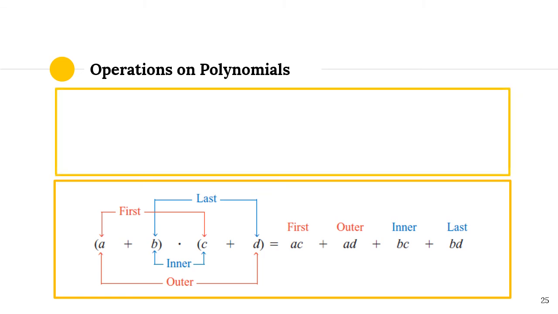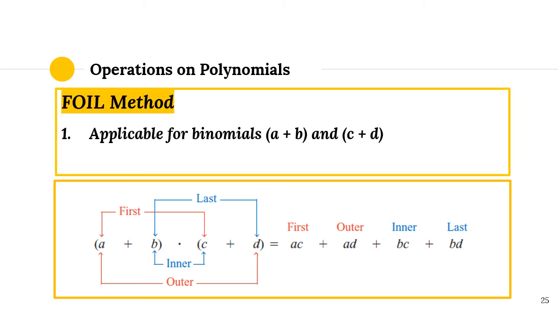We could also use a method called the FOIL method, and it's applicable for binomials that follow a format of a plus b and c plus d, meaning there are two terms on the first polynomial and there are two terms on the second polynomial. We call that binomial. Two nomials, two terms. FOIL stands for first, outer, inner, and last.